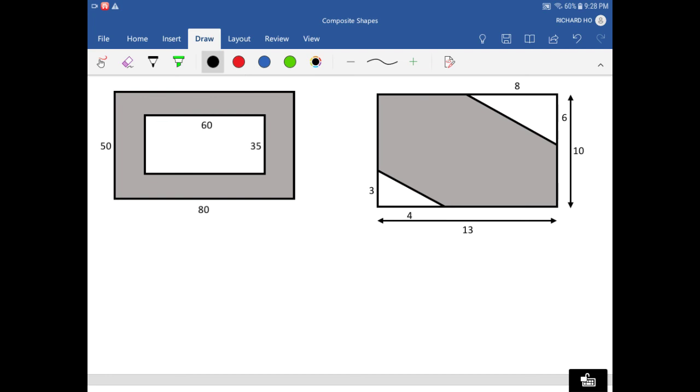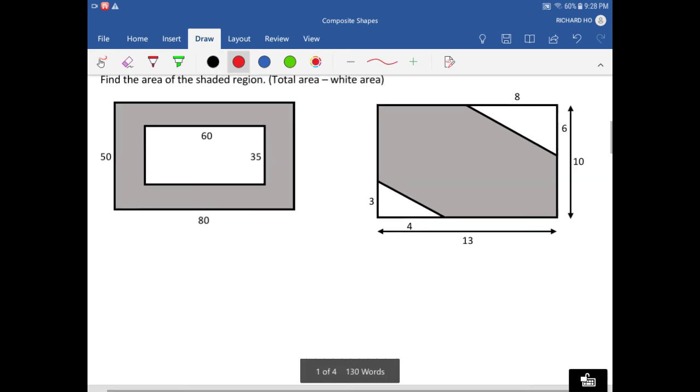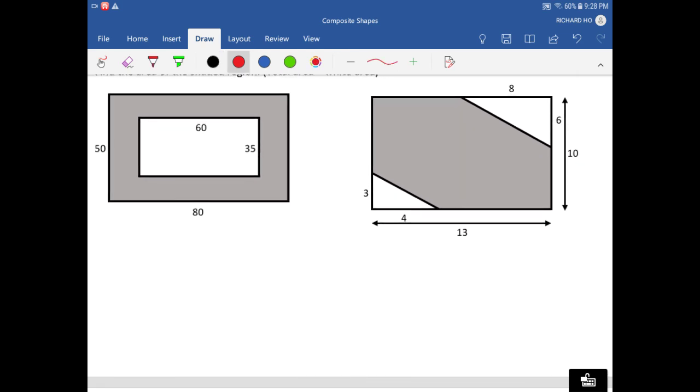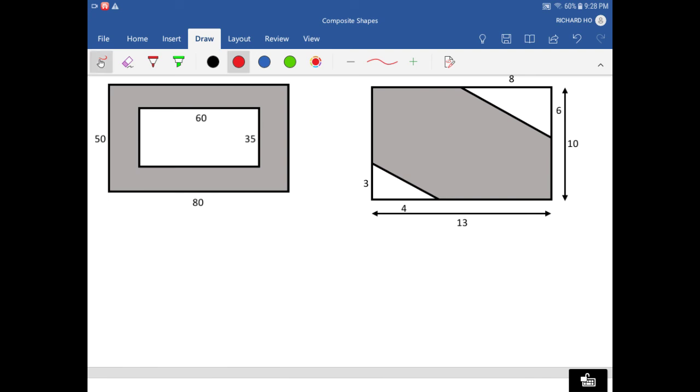So you have two rectangles here. The big one is 50 by 80. Then the small one is 60 by 35. So the 50 by 80, 5 times 8 is 40, so this is 4000.